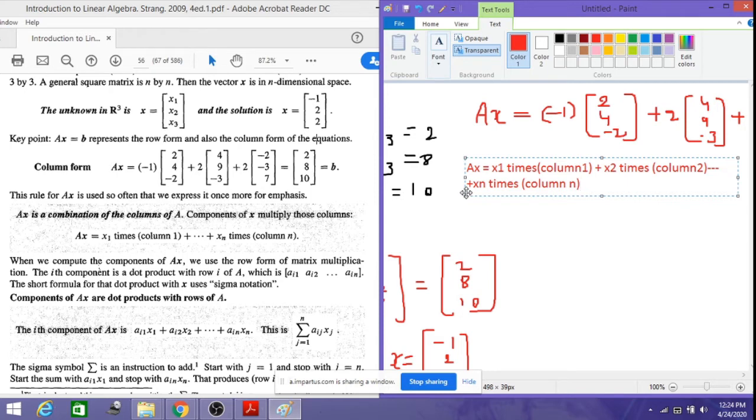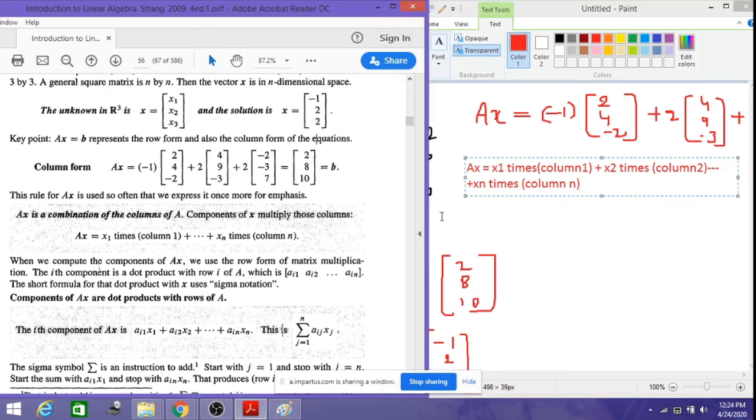This is how we will read it, component-wise. And if we take one particular component, the ith component is a dot product with row i of A.